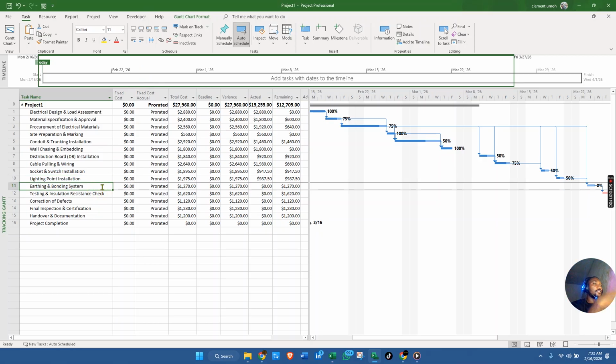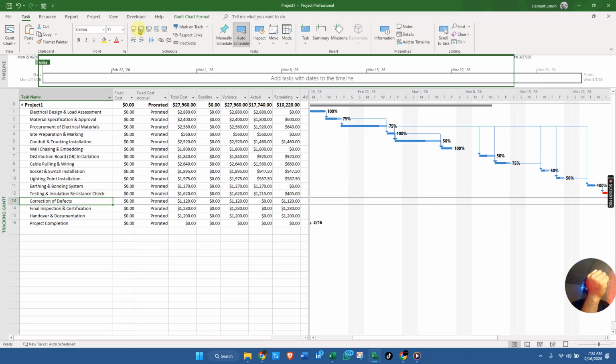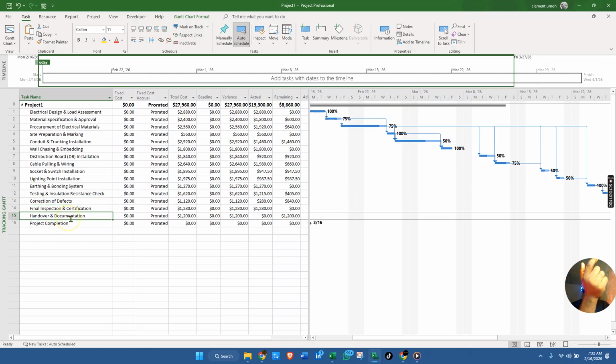Earthing and bonding system, let's do 100%. Testing 25%. Correcting of defects 25%. Inspection of everything 100%. Handover 75%. Completion of the project 100%.